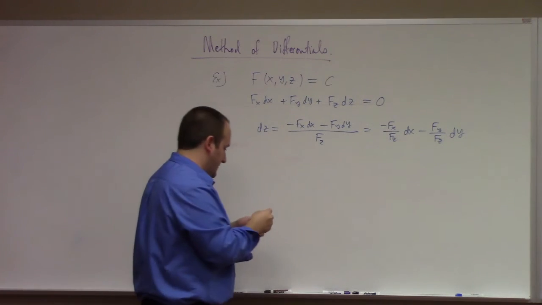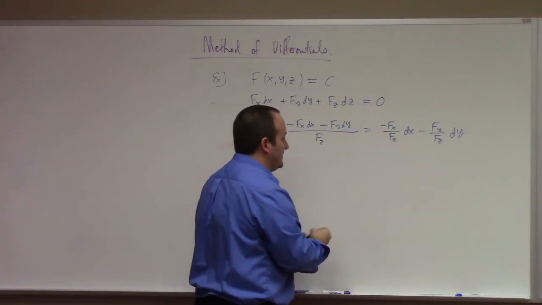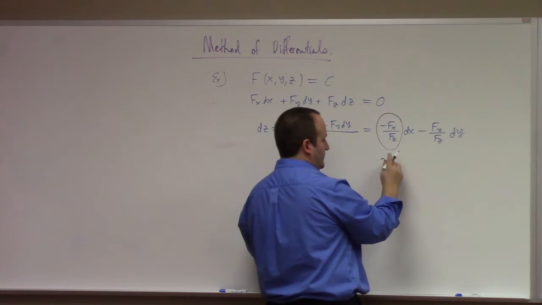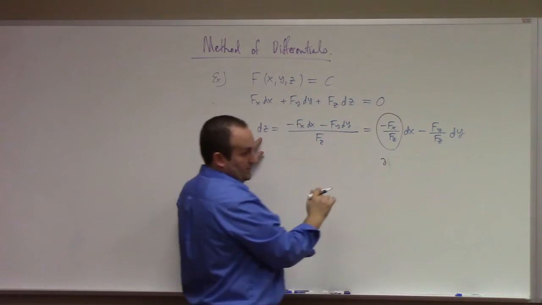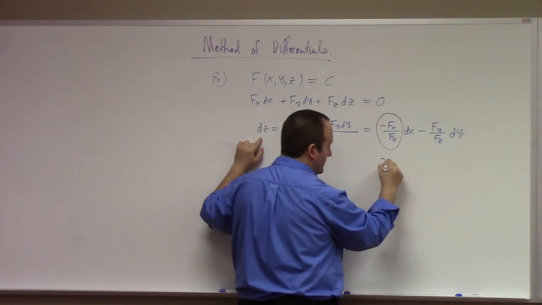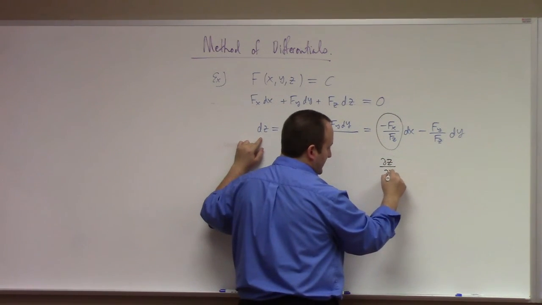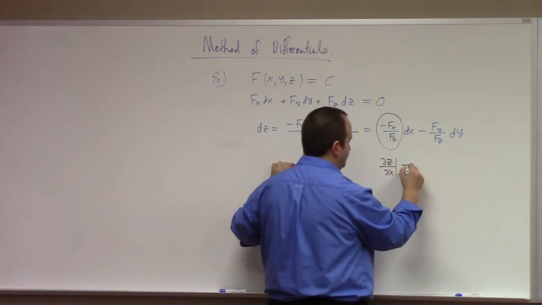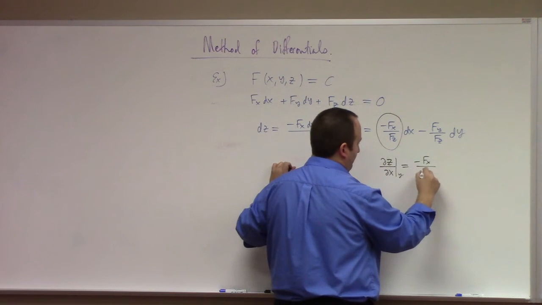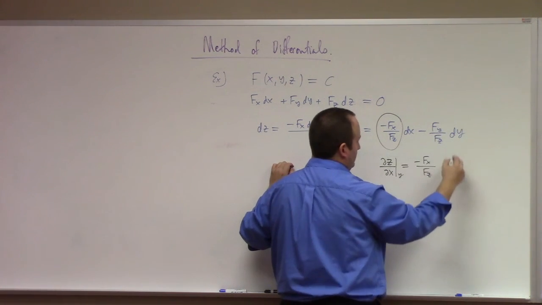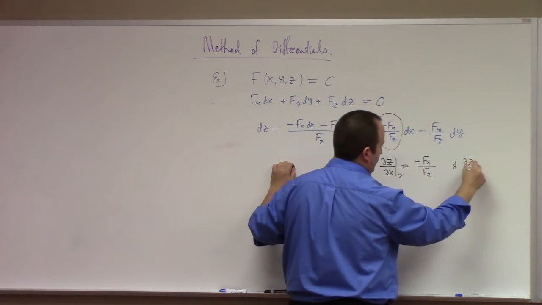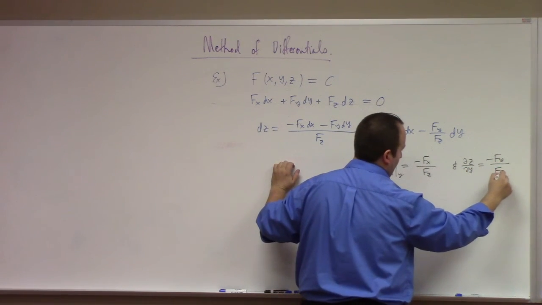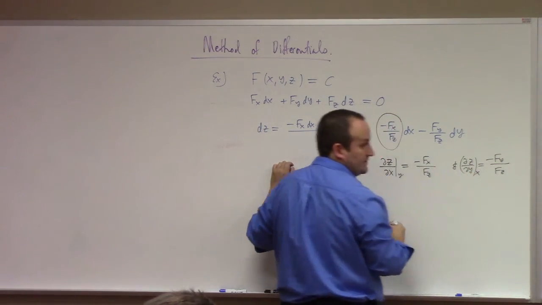So if you accept my message for today, which is that these tell me what partial, this tells me partial z, partial x holding y fixed. And this one, what's partial z, partial y? Holding x fixed, it's just that.